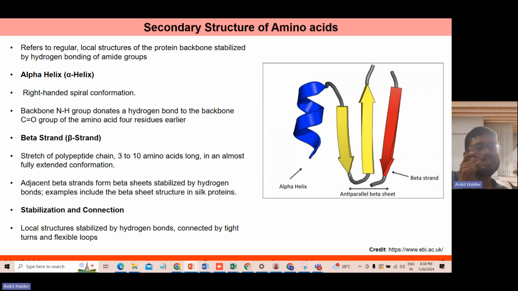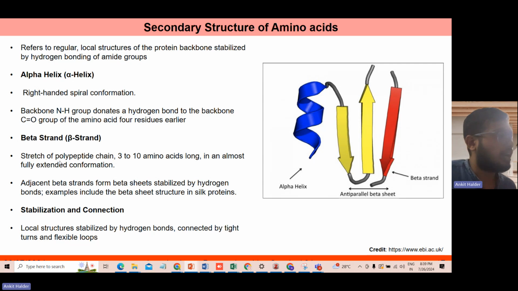In the primary amino acid sequence, you have the complete residues, from I to N, from 1 to N residues. The hydrogen bond develops between residue I and the I plus fourth residue of that particular amino acid chain, and that leads to the alpha helix that we will look at in detail.